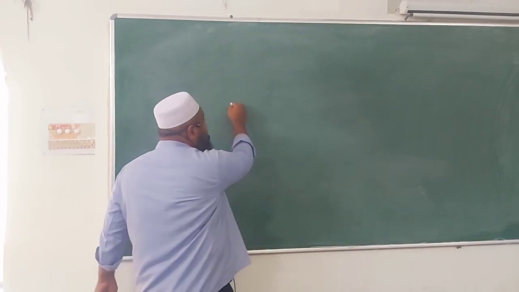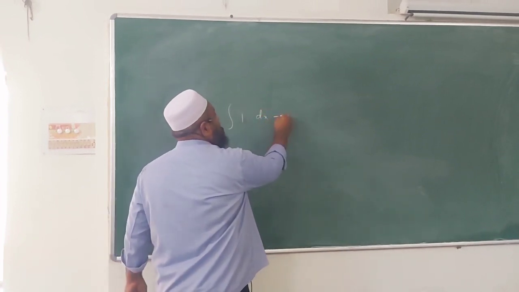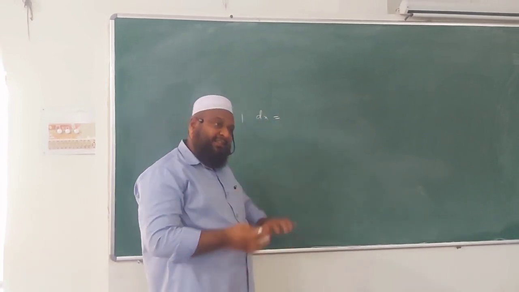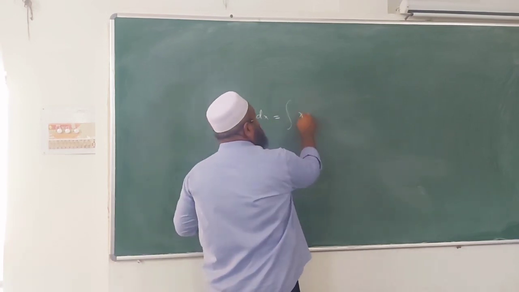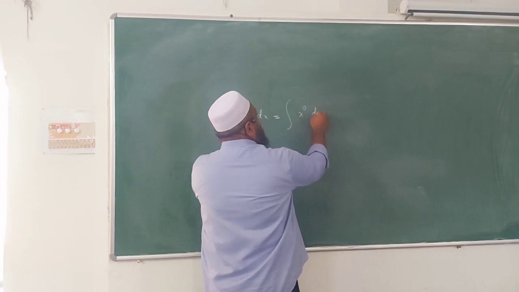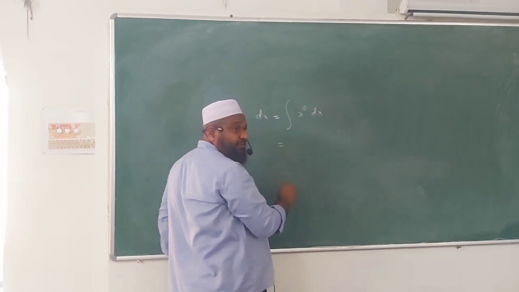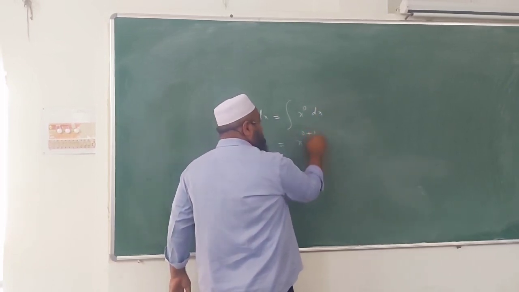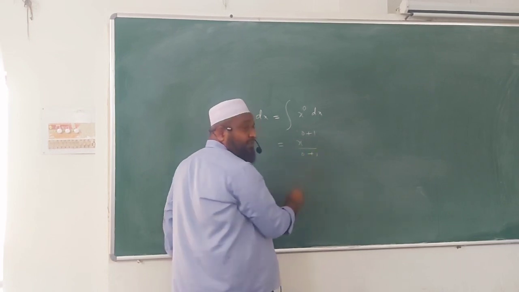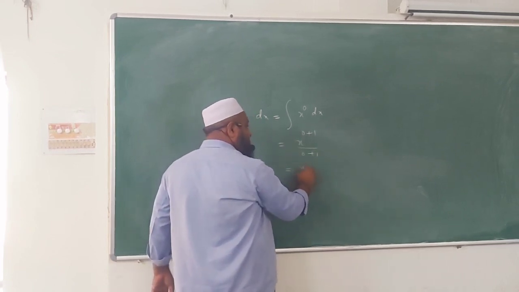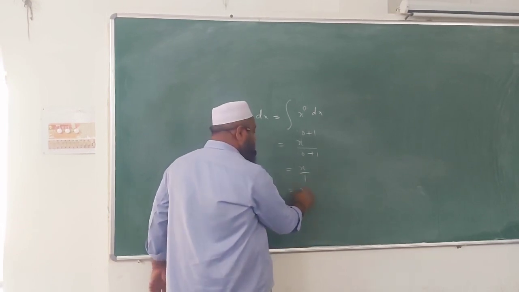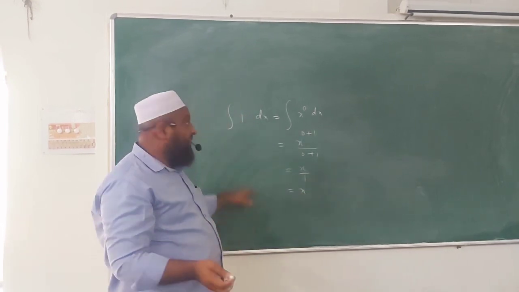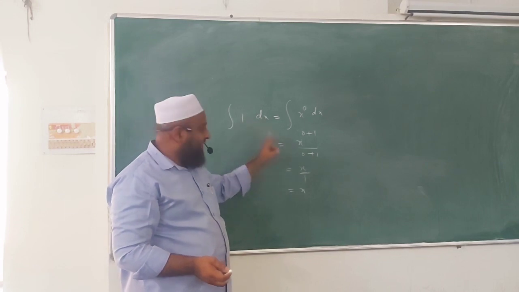Now what will be integral 1 dx? This comes again from the first formula, integral x to the power of 0 dx, which is x to the power of 0 plus 1 by 0 plus 1. That becomes x, the denominator becomes 1, and I need not write it, so it becomes x. So it is to be memorized that integral 1 dx is x.